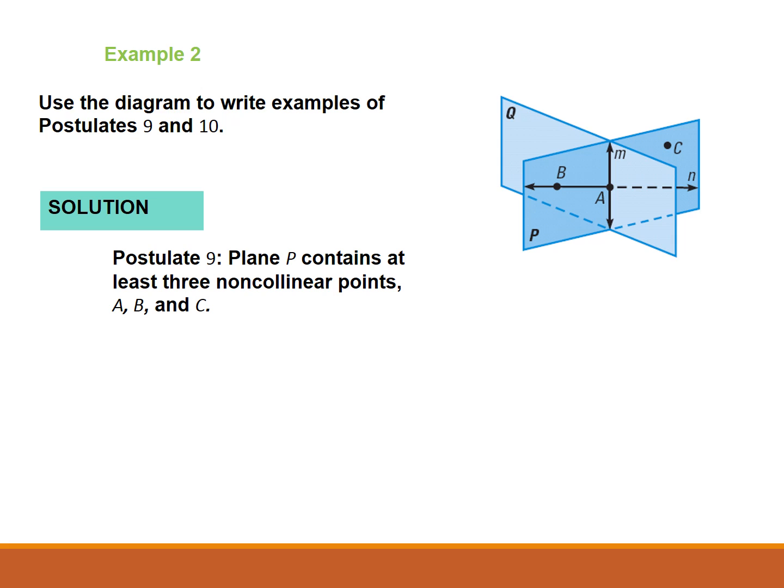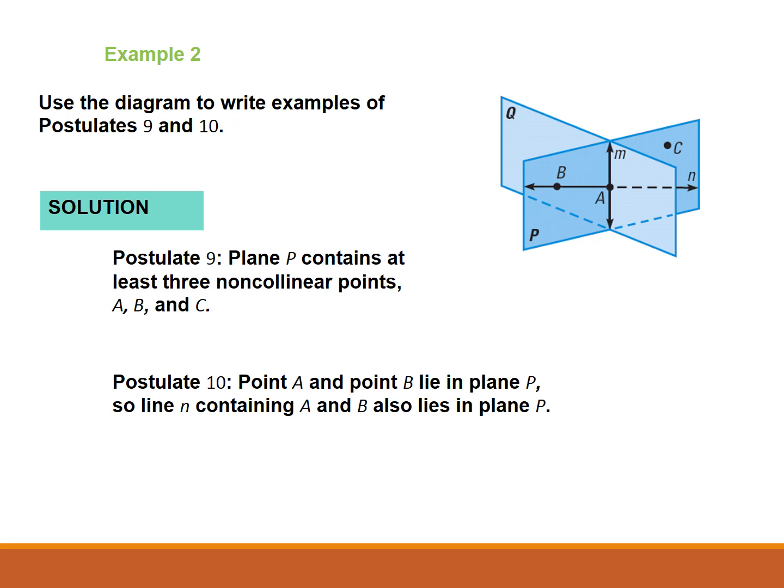Let's do postulate 10. Points A and B lie in plane P. So therefore, remember this is the one where you're starting out with points on a plane and there exists a line also on that plane that contains those points.